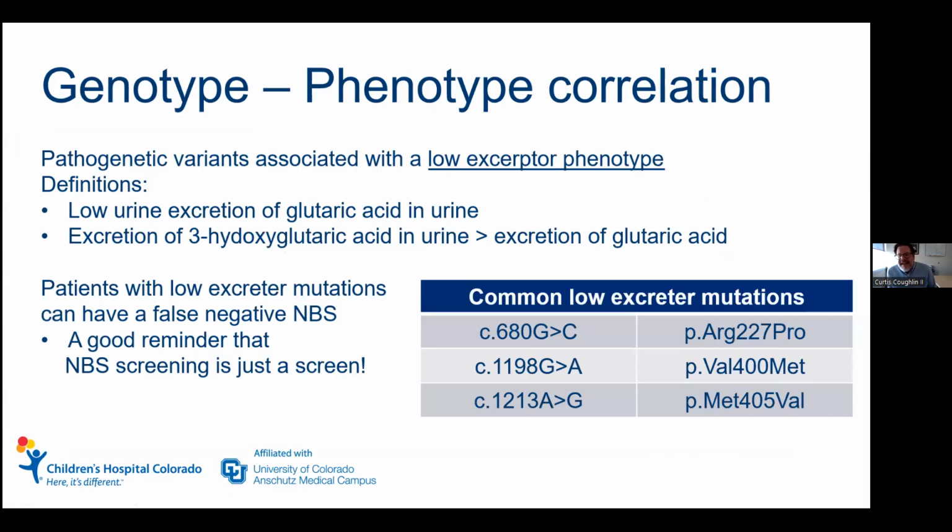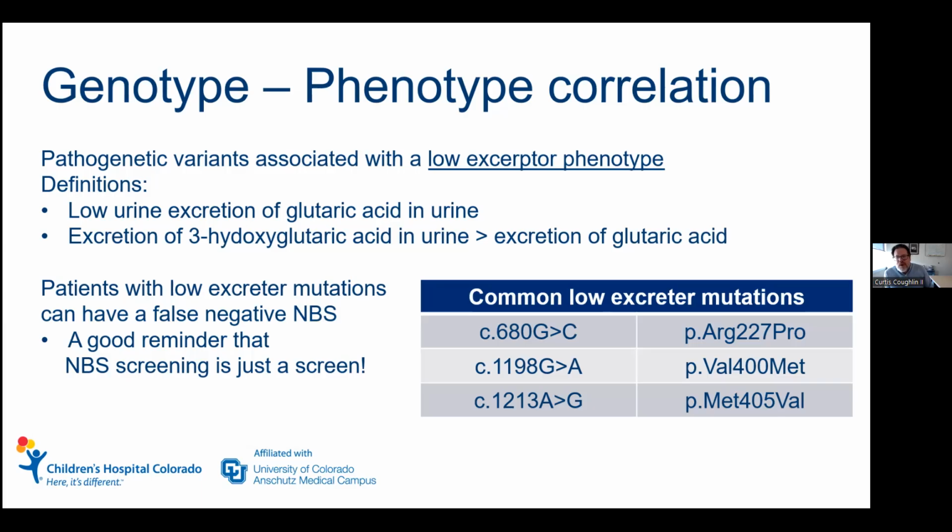There is a genotype-phenotype correlation in this disease, but it's really a biochemical genotype-phenotype correlation. So you'll hear patients often referred to as high or low excretors, and there are certain pathogenic variants that we know are associated with a low excretor phenotype. People usually define that one of two ways.